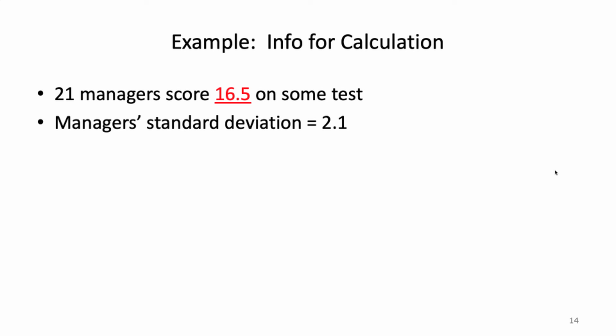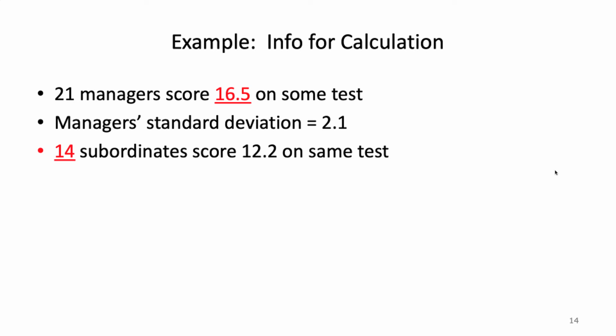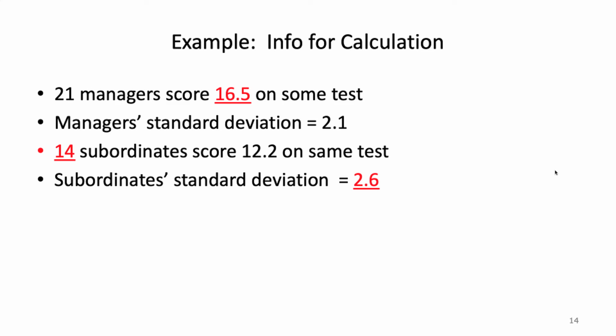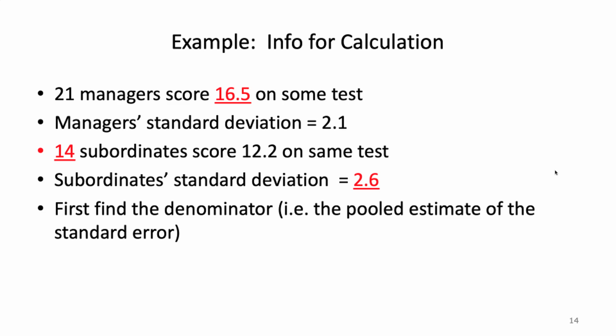Anyway, the other sample has 14 subordinates. They score 12.2 on the same test, and their standard deviation is 2.6. So first we're going to find that pesky, complicated denominator, the pooled estimate of the standard error. Every statistical test has in its denominator some sort of standard error, some sort of average amount of error.